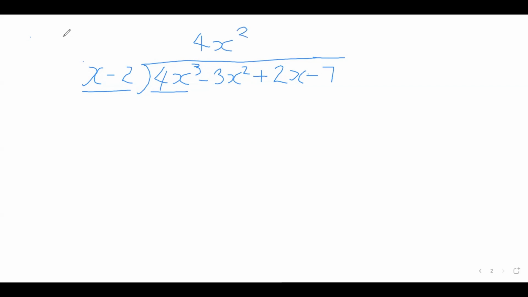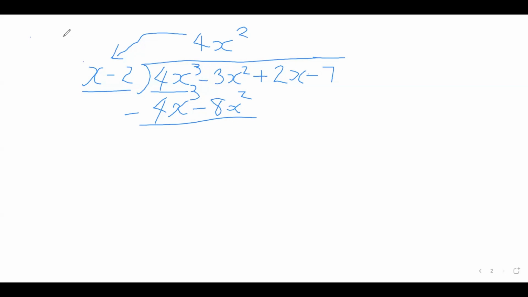And then now we're going to multiply the quotient by the divisor. So we say 4x squared times x is 4x cubed. And then 4x squared times -2 will be equal to -8x squared. And we're going to do the subtraction.